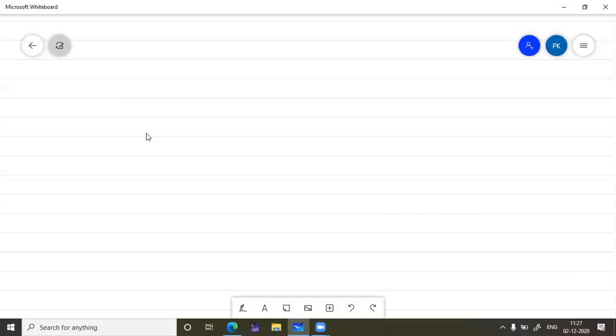Now suppose the question is given here: compute the regression coefficient of equation x on y and y on x from the following data.